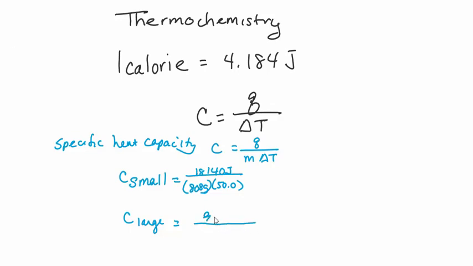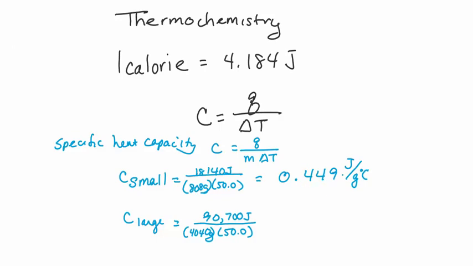Now, for the large pan, we required 90,700 joules to change the temperature 50 degrees. And the large pan has a mass of 4,040 grams. So when I perform this arithmetic, 18,140 divided by the product of 808 and 50, I get a lowercase c, or a specific heat capacity, of 0.449 joules per gram degree Celsius.